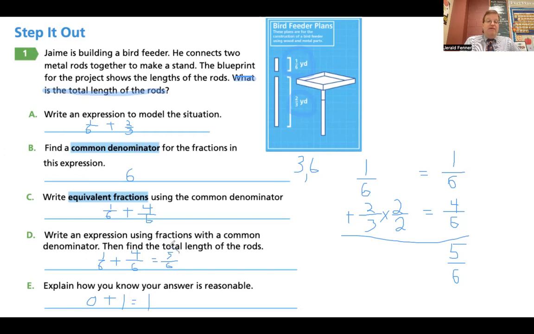And if you look at 5/6, 5/6 is close to 1. Okay, I'm going to use this symbol because that means close to or similar to 1. Okay, and you can say, I used benchmarks. Let me just type that in so it doesn't take me as long.